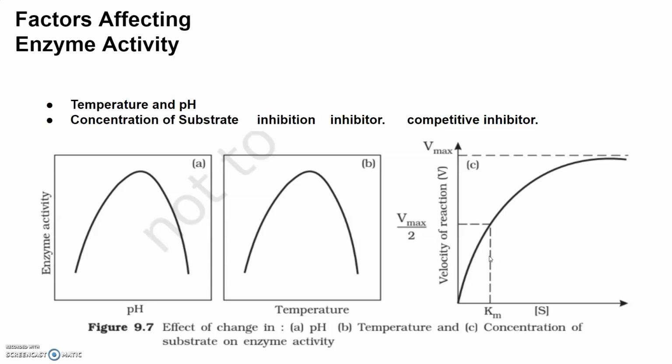The activity of an enzyme is also sensitive to the presence of specific chemicals that bind to the enzyme. When the binding of the chemical shuts off the enzyme activity, that process is called inhibition, and the chemical which inhibits the activity of the enzyme is called an inhibitor. When the inhibitor resembles the substrate in its molecular structure, it inhibits the activity of the enzyme, and it is called a competitive inhibitor.